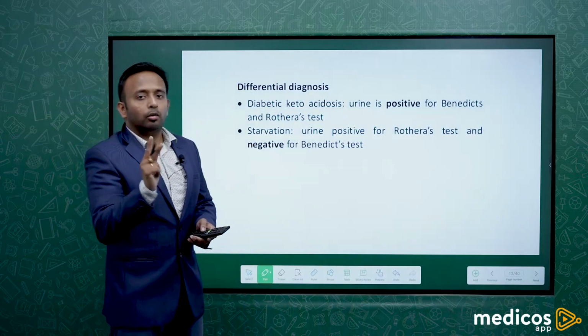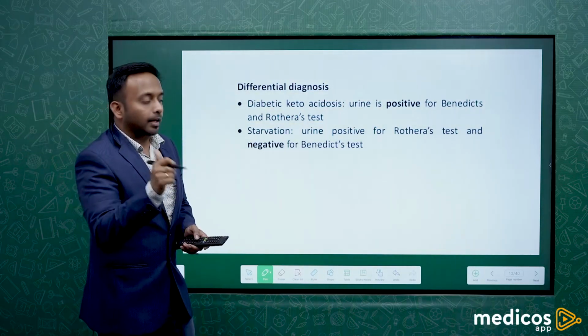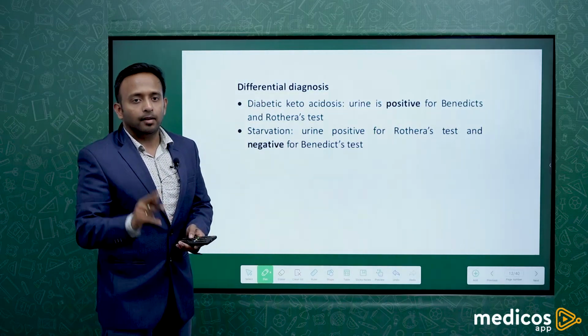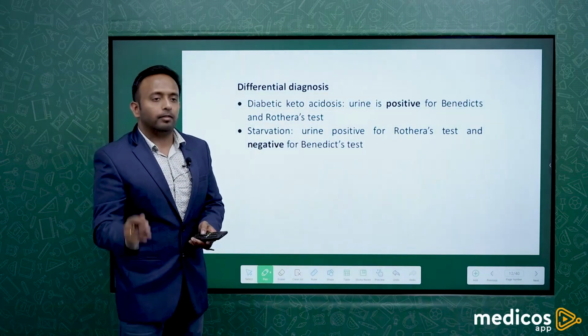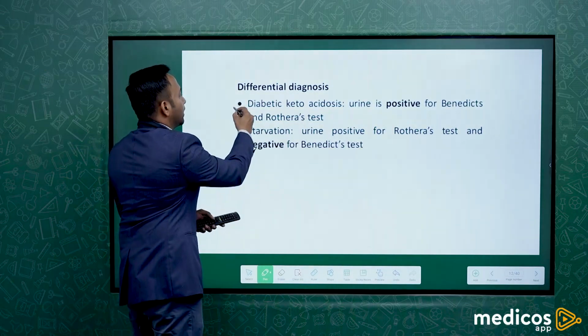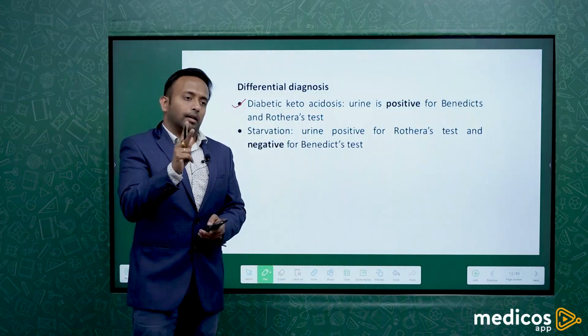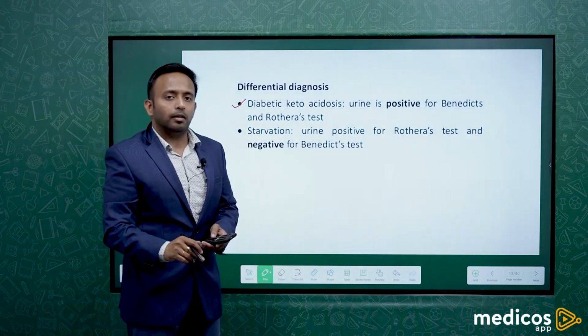I told you two commonest conditions for ketone body generation, which is ketosis. One is uncontrolled diabetes mellitus, that is DKA, diabetic ketoacidosis. Second is starvation. When you do the blood and urine investigation of the patient, diabetic ketoacidosis is a condition where both are increased. There is already a high level of glucose which is excreted in the urine.